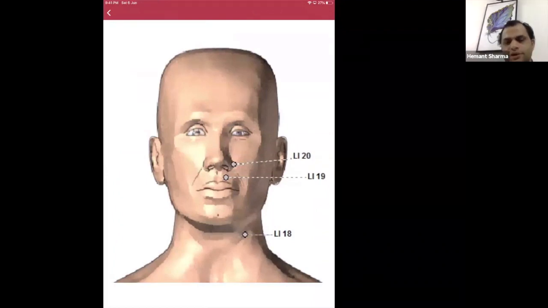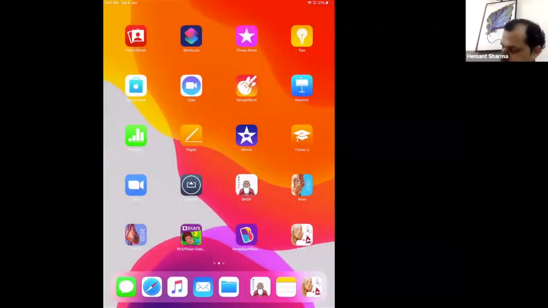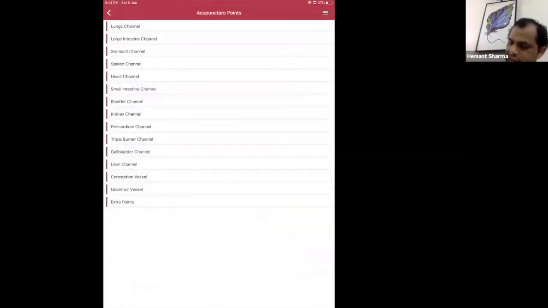Shortly, tomorrow when we discuss the Dr. Tan balance method, then we will learn it. The large intestine and stomach are both interconnected. So whenever we are treating the large intestine, it also affects the stomach. This will come in the balance method tomorrow. So whenever you stimulate a point in the large intestine, it also affects the stomach.